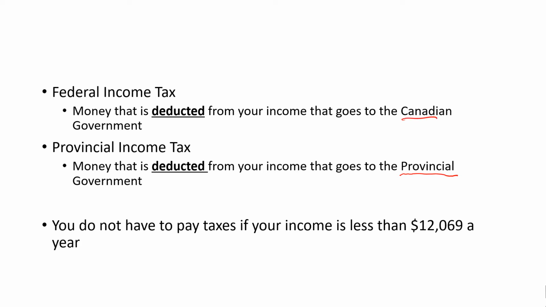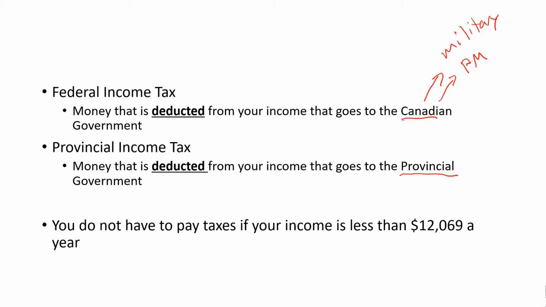Now, why do we have two different types of income tax? Because we have two different types of government. The Canadian government is going to be servicing things like military. It'll go to pay for all your elected officials, like your prime minister and all your Congress and all that kind of stuff.